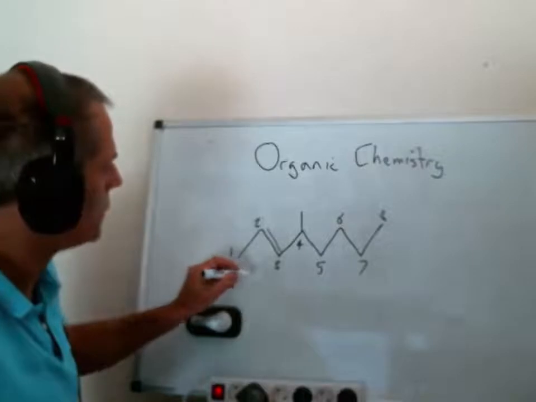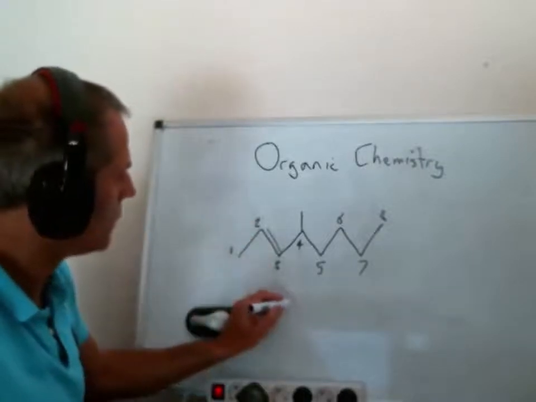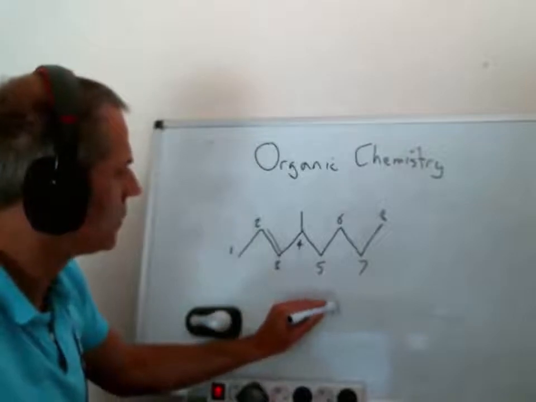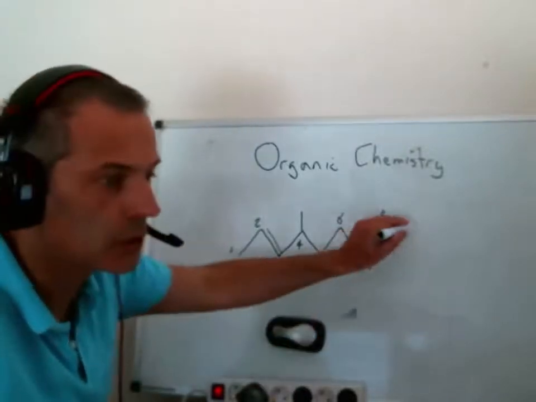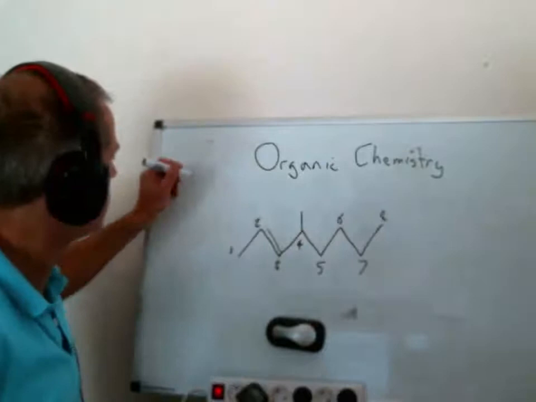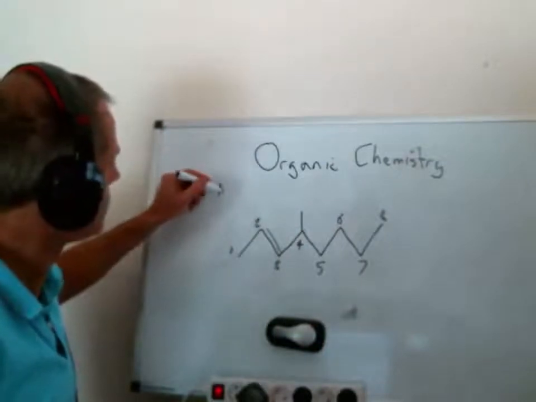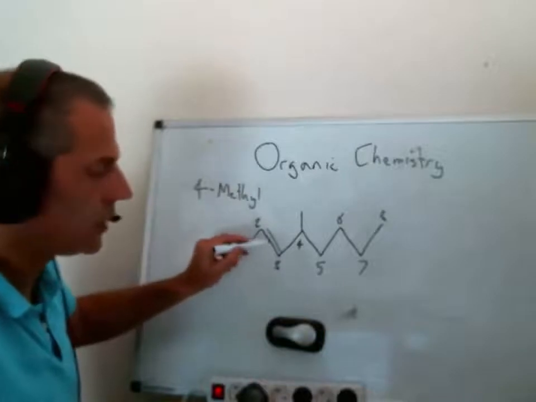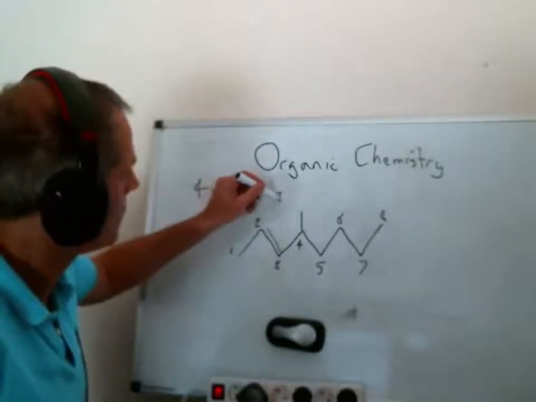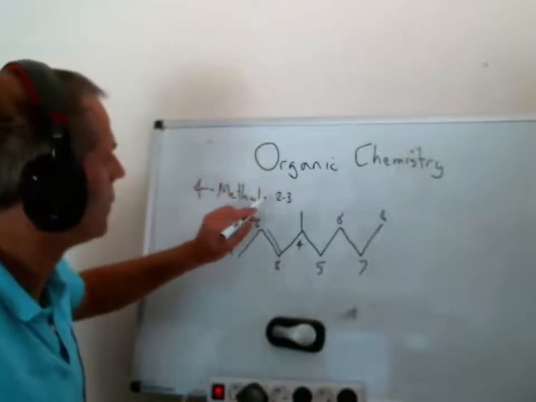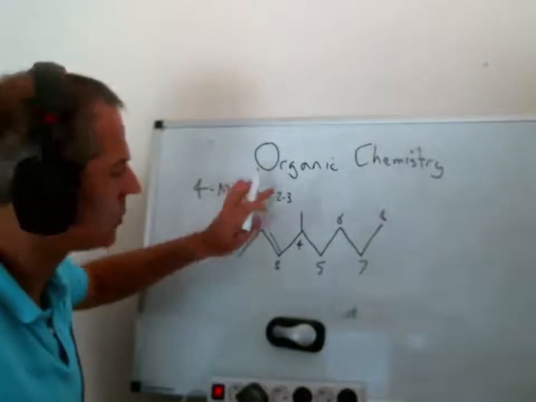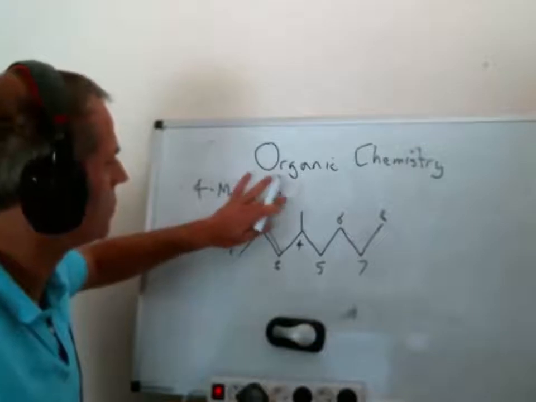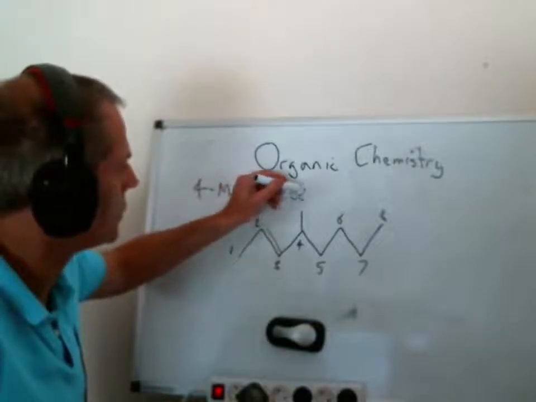So this would be 4 methyl. Oops, let me put it up where you can see it. This would be 4 methyl, and then 2, 3 nonene. Oops, not 2, 3. No, 2 octene.